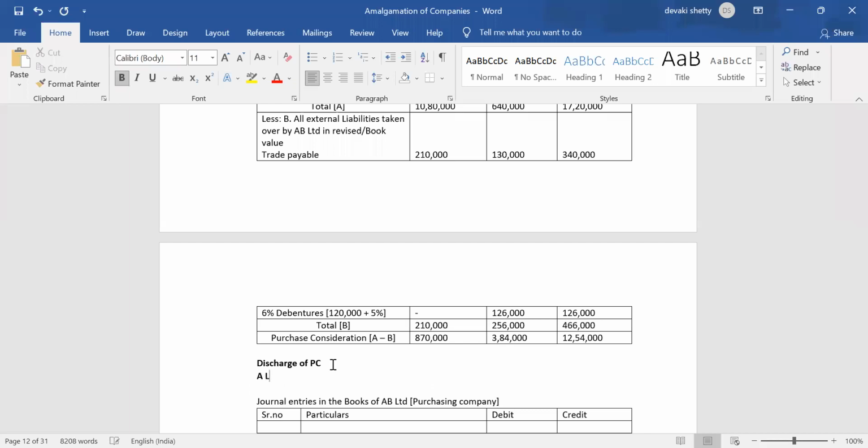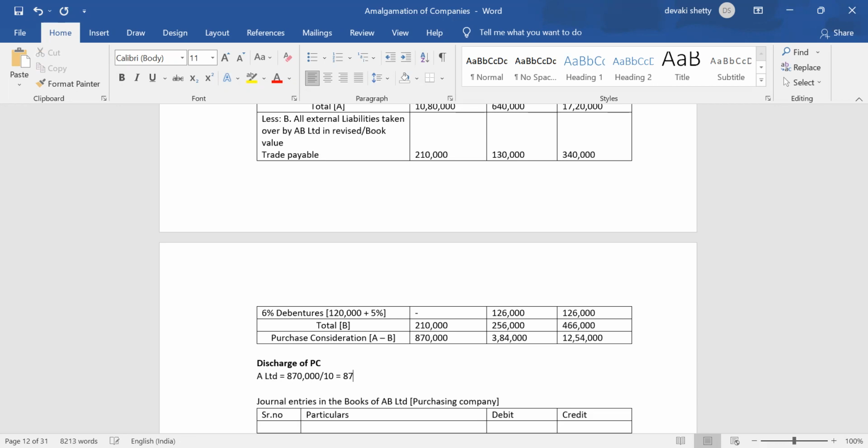For A Limited, and A Limited PCs and shares of 10 each means how much it will be?